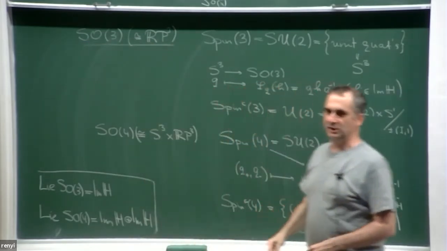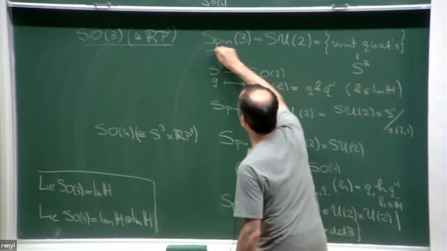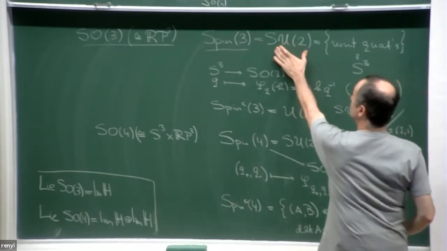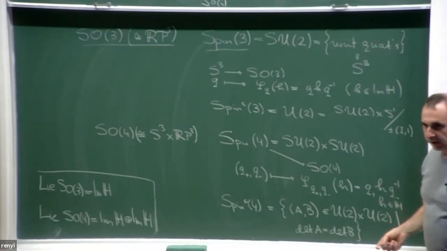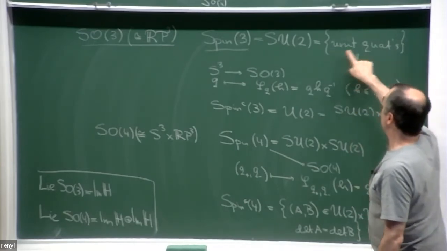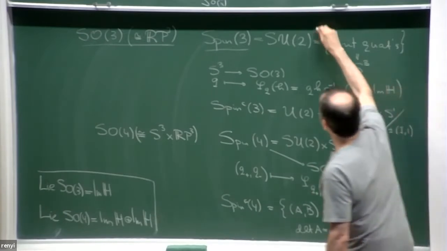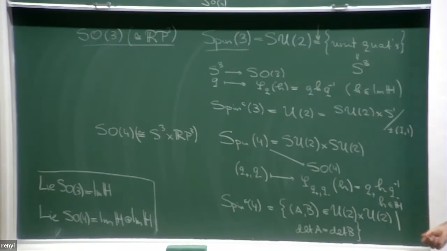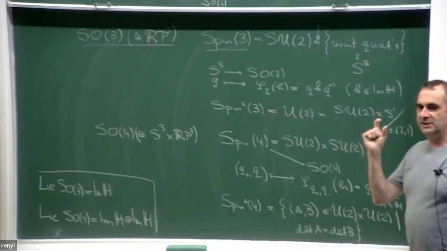So topologically, it's a fairly friendly space. And Spin(3) is the double cover, which is just SU(2), the 2 by 2 unitary matrices with determinant 1, which happens to be the same as the space of unit quaternions. I really advise you to work out this identity, and it is really modeled on the fact that SO(2) is the same as U(1).